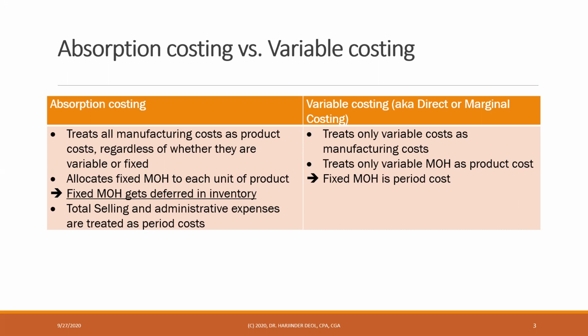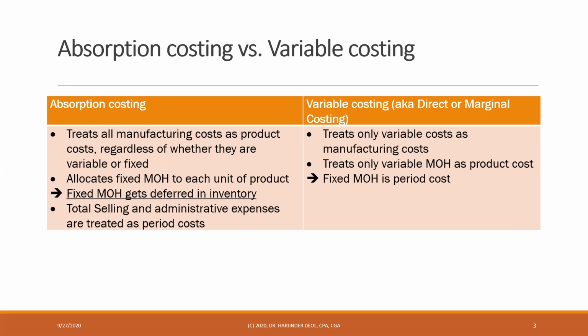So there are two alternative ways of looking at it. One is the absorption costing method. The other one is the variable costing method, which is also called direct or marginal costing. Under the variable costing method, they will only treat the variable cost as the manufacturing cost, which is truly variable.